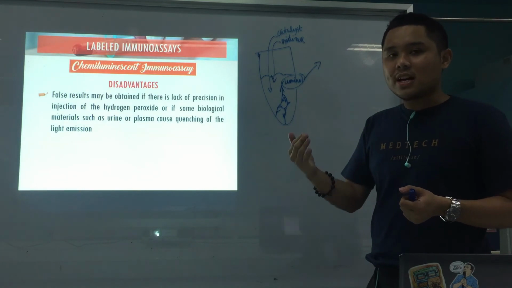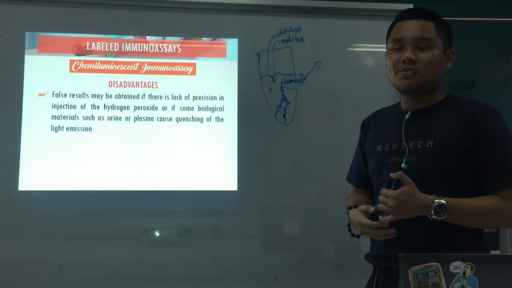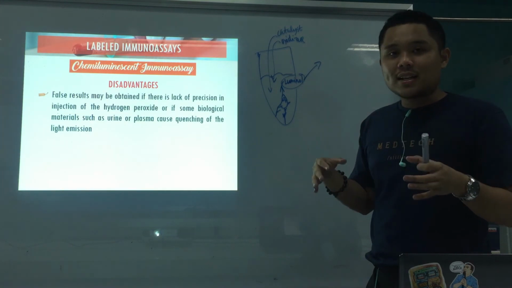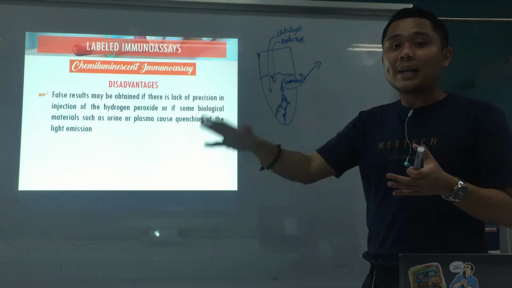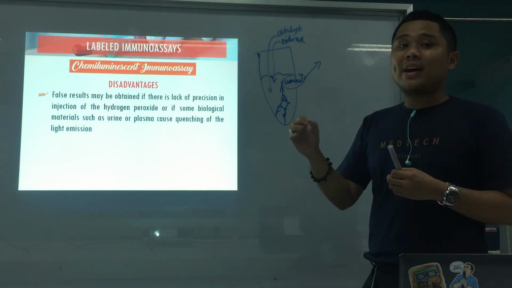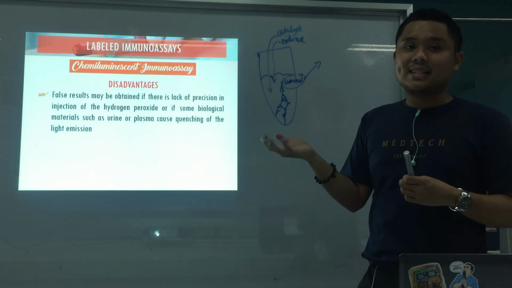Okay, so that's generally one of the main disadvantages, if not the main disadvantage, of immunoassays or tests that depend on light production, that depend on the measurement of light production. Quenching, fluorescence, chemiluminescence, yes.